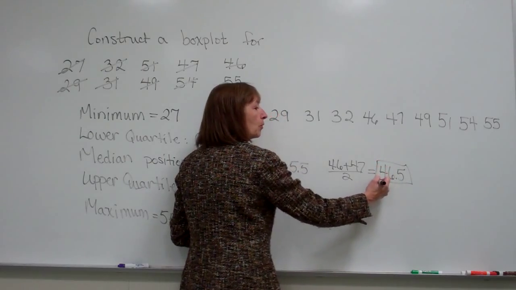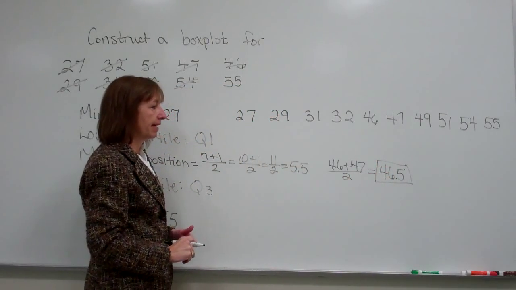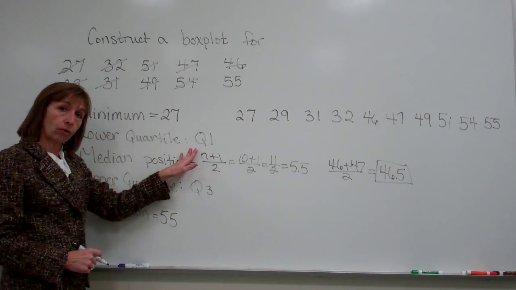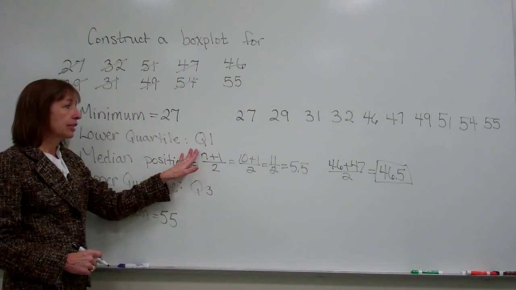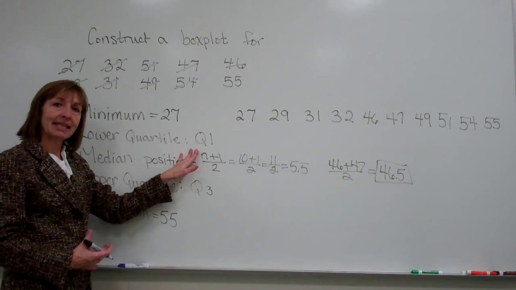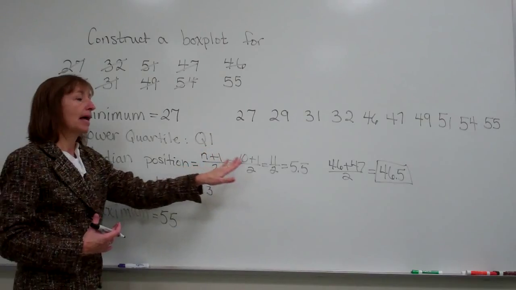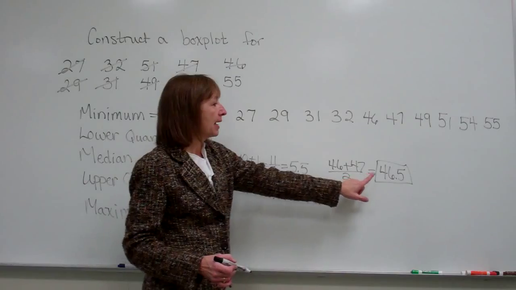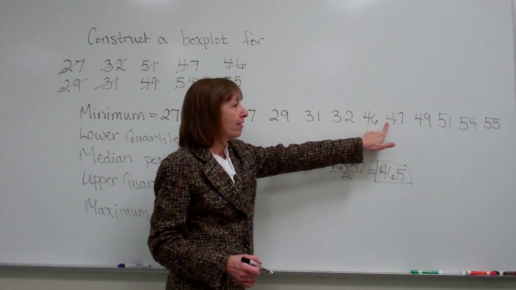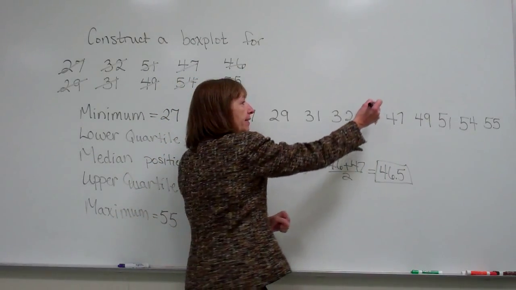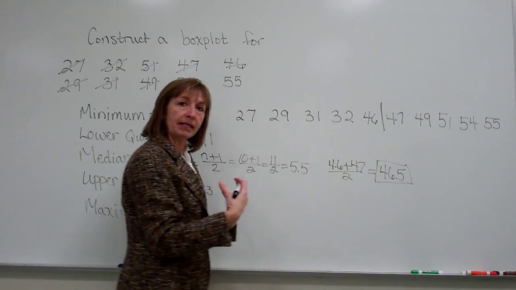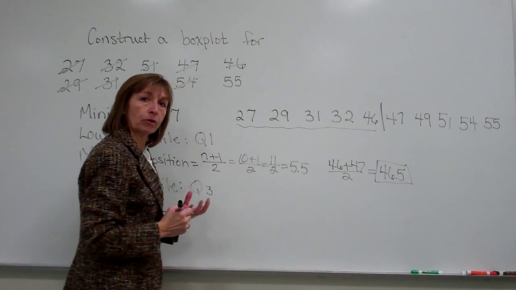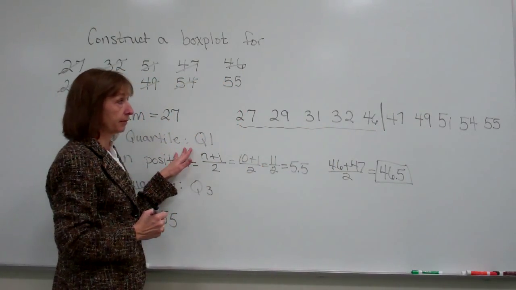And I want to report that as my median. I don't want to round that value. Now, one of the ways to find your lower quartile number is to look at the median of the data set that's below the actual median of the entire data set. Since my median of my entire data set fell between 46 and 47, I want to think of a divider being there and finding my median of this lower portion of the data set for my Q1.